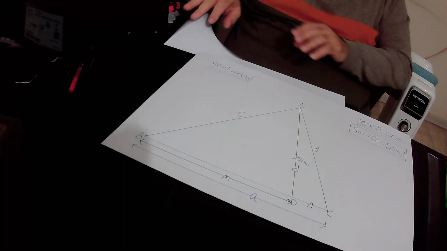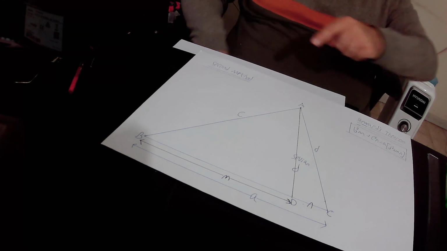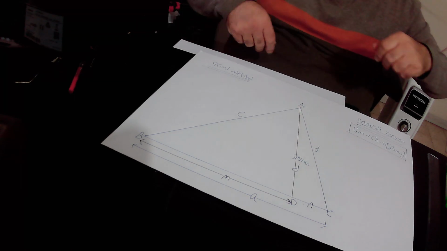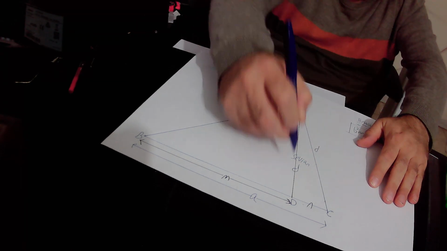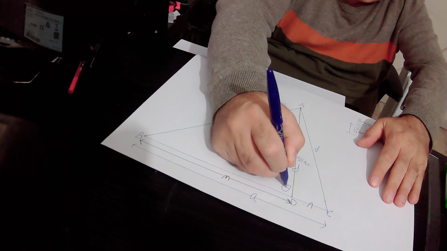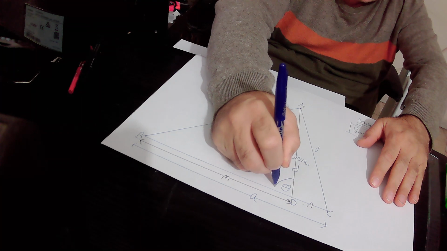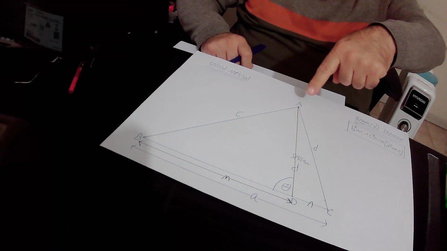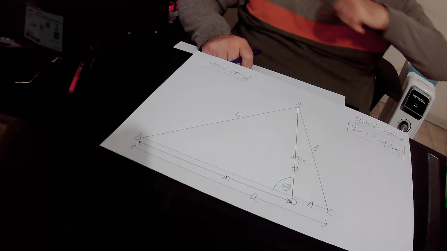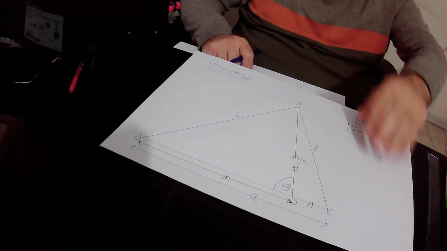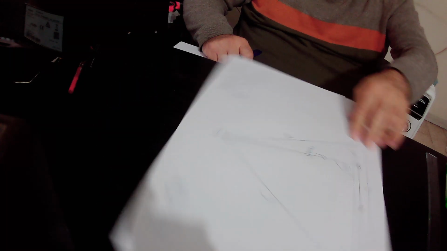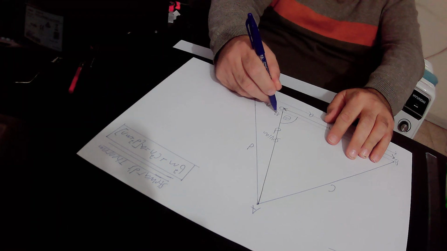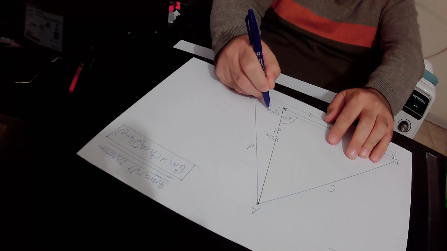So in the second method, we define angle ADB. This angle is theta. So therefore the adjacent angle ADC must be equal to 180 degrees minus theta. Why?